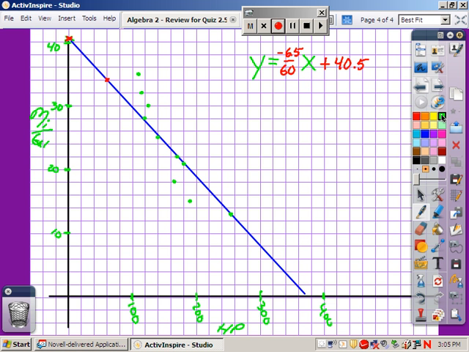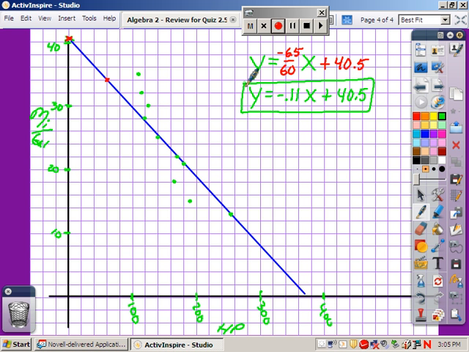So my final equation is negative 0.11x plus 40.5. So that takes care of step 3. This is something you'd want to highlight as your final equation.